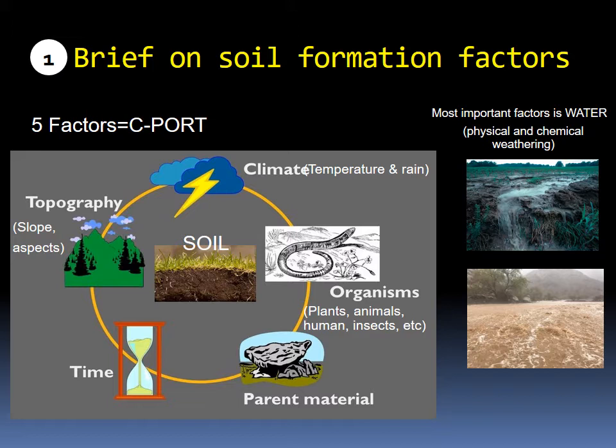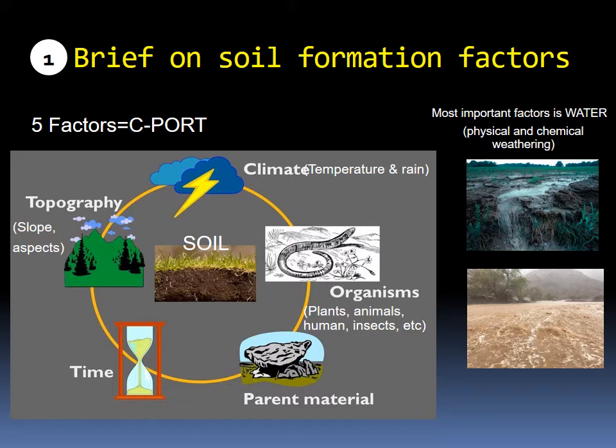And then you have the topography. So you know that with a slope, water would have a great influence compared to a flat surface. When you have a slope, then the water can move very fast, and therefore it can erode things very fast and help to make the process of weathering very fast. And then you have the slope aspect, which is basically describing the mountain.